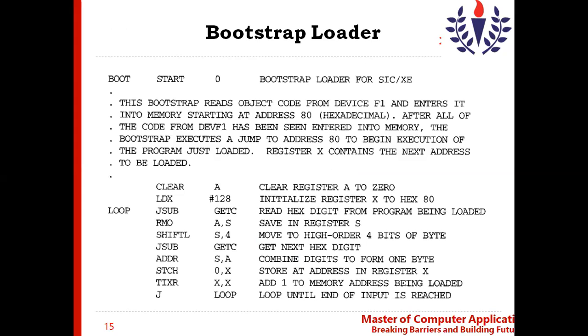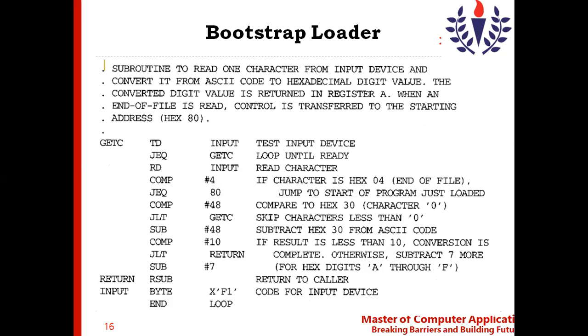This is the reason why the 0 address cannot be given to other programs. For the user application or user program, the address 0 cannot be given because it is meant for the Bootstrap loader. And all the remaining steps are like the steps which we followed in the algorithm. This is how the Bootstrap loader works.